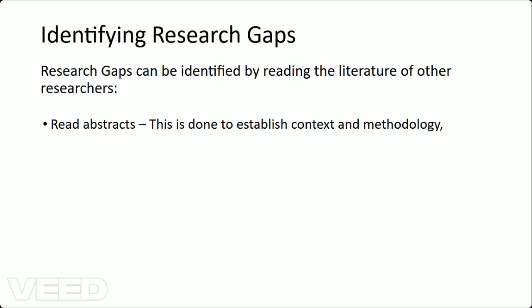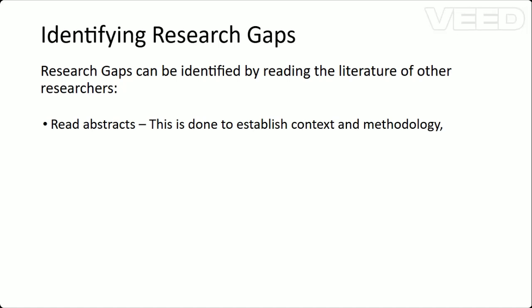This is done to establish the context and the methodology of that particular research. So you are able to identify if there is a gap in context or a gap in methodology just by reading the abstract. You don't have to go through the whole document.